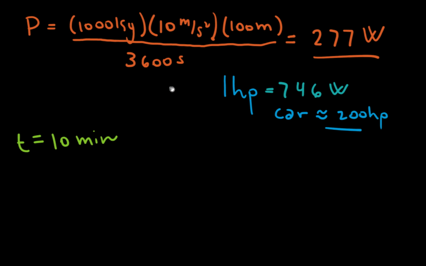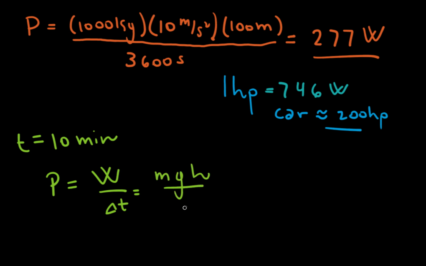Go ahead and try it out, see what you get. If you carry out the calculation, power equals work divided by delta T, and work is mass, gravity, height, divided by time.